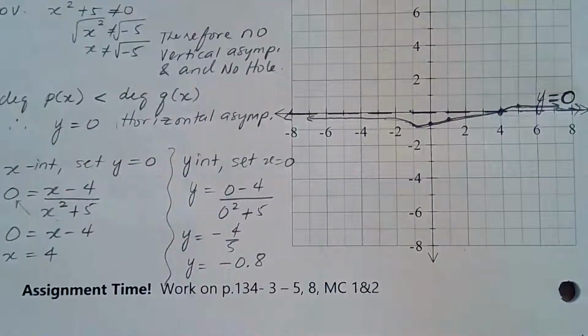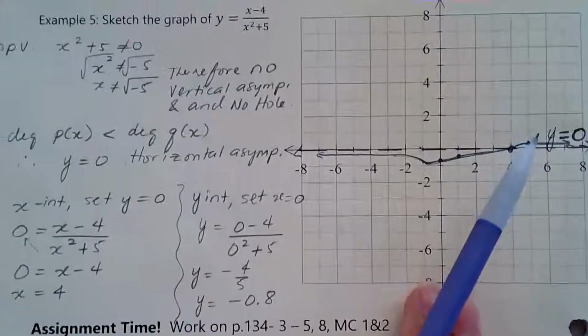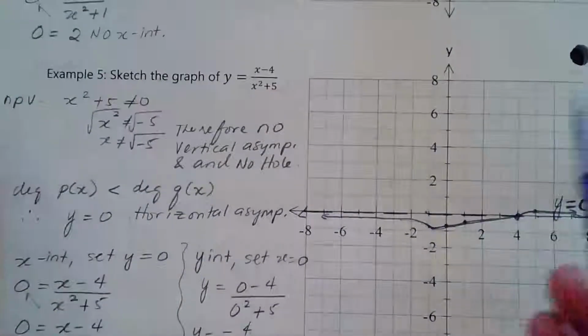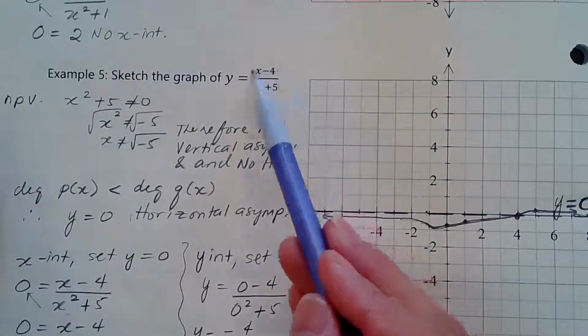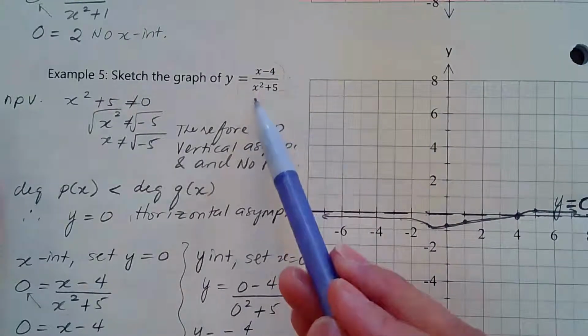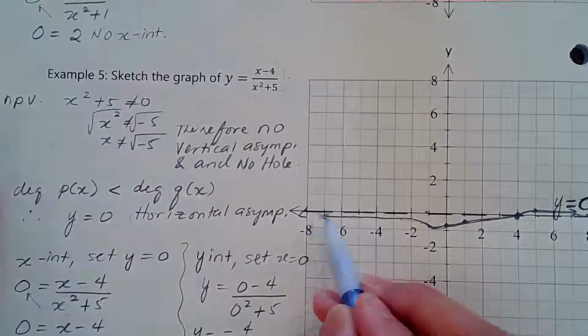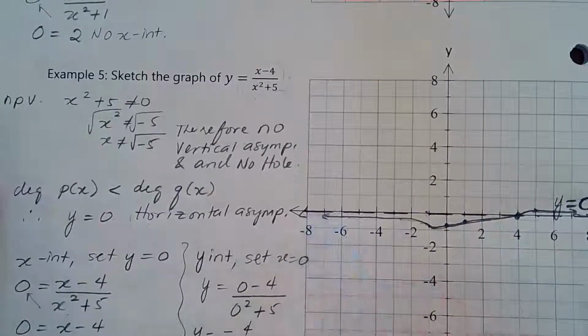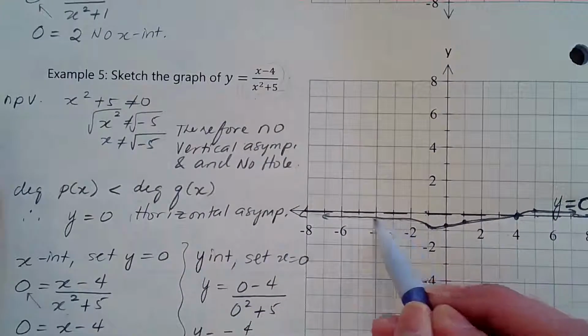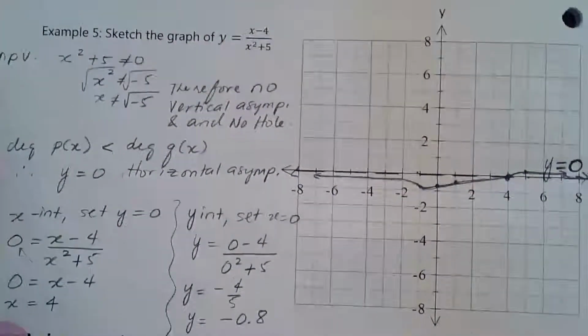It won't go that far down, because when you look at this, it is going to give us closer and closer to 0, closer and closer to 0 here. So that's what that graph looks like.